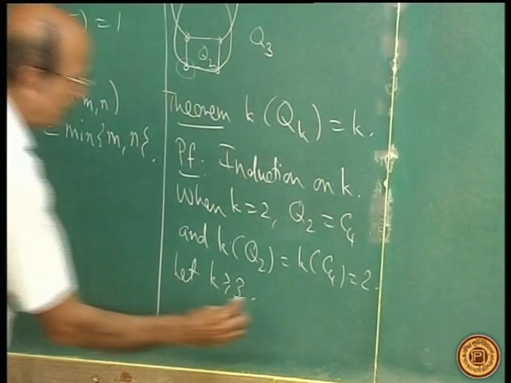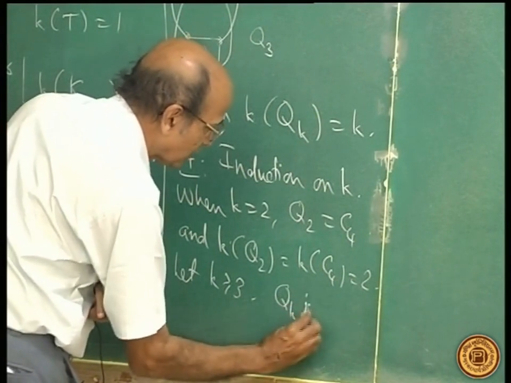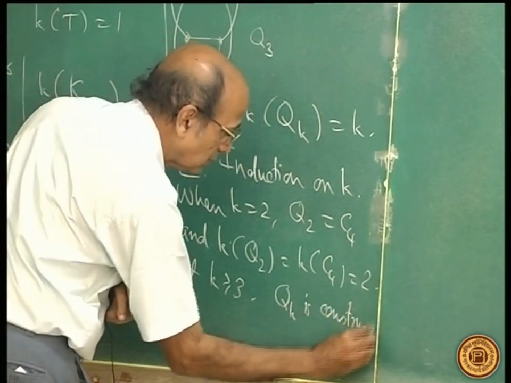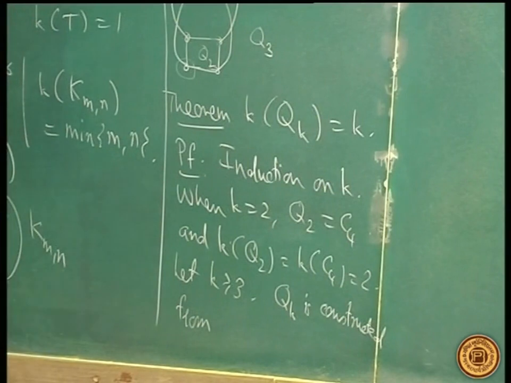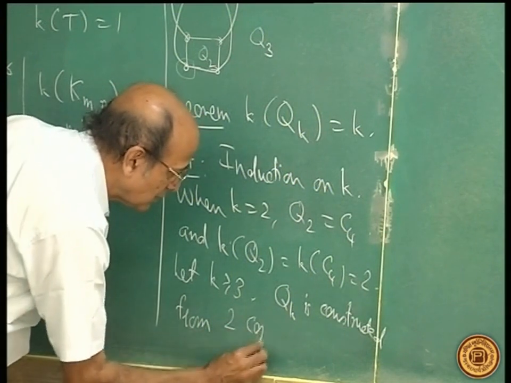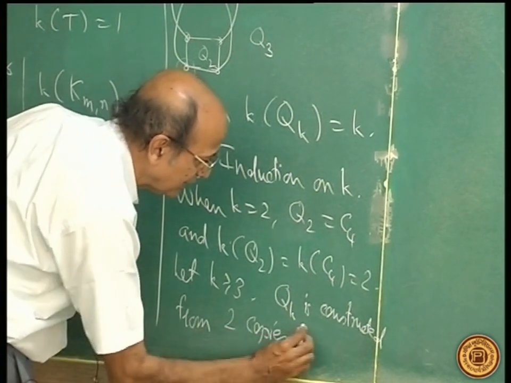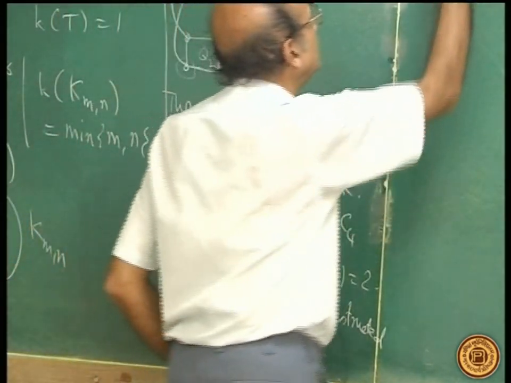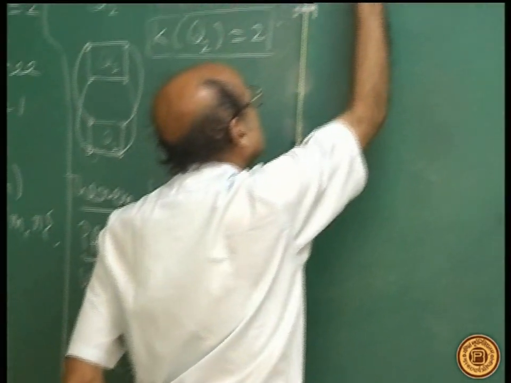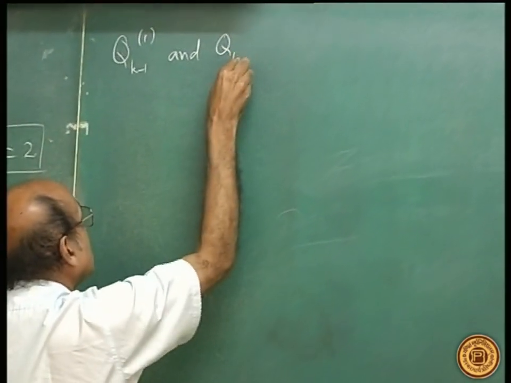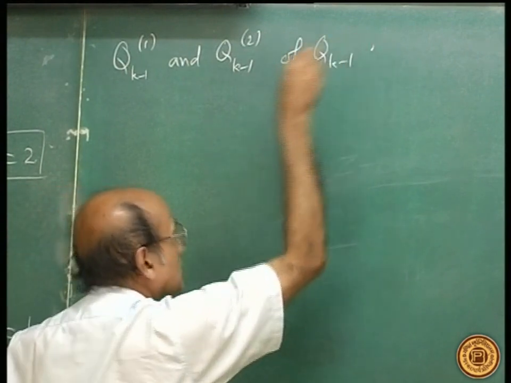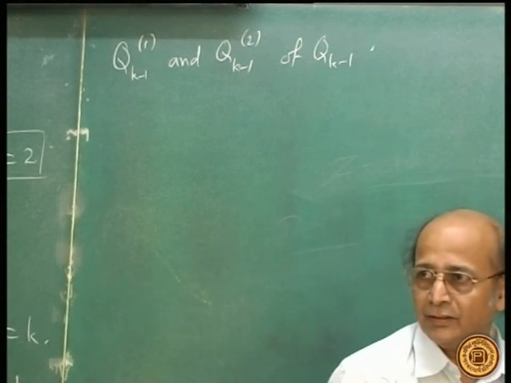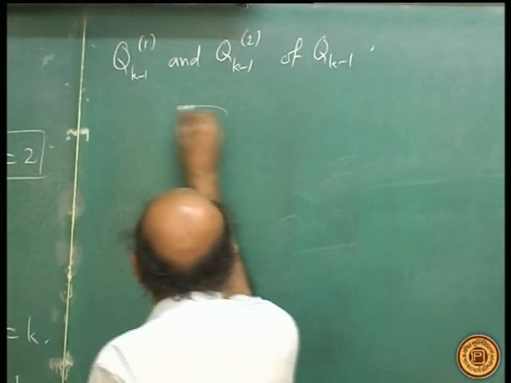Qk is constructed from two copies of Qk minus 1. Say, so there is a Qk minus 1, 1.